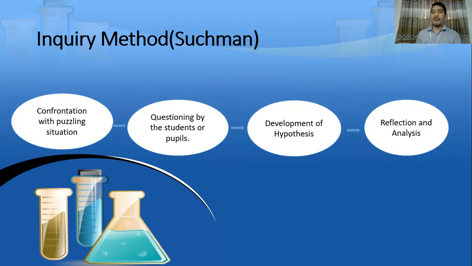Then from the formulated questions, they will develop hypotheses, and from there they will reflect and do some analysis out of what they have discovered about the hypothesis they have formulated.